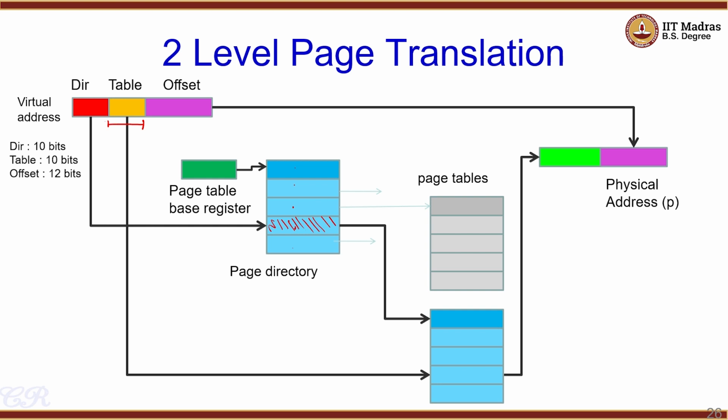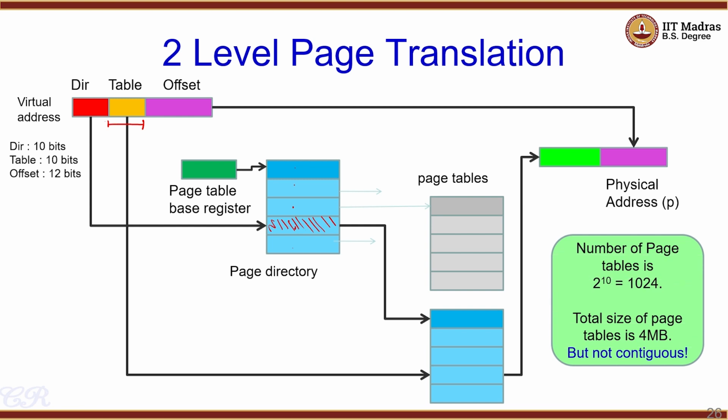Then we use the table bits to index into the second level page table. You obtain the entry over there, which is the page frame number, right? Concatenate the page frame number with the offset bits, which is 12 bits, to form the complete physical address. This physical address is now used in your DRAM to collect the data, right?